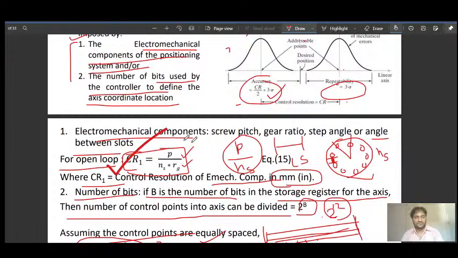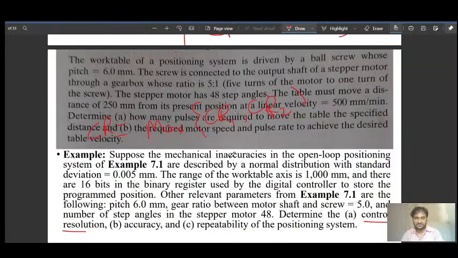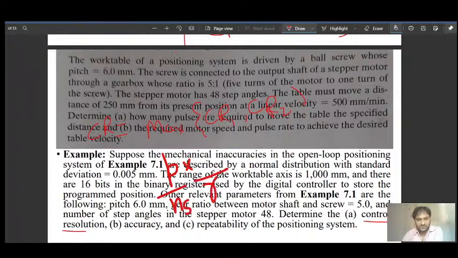CR1 is equal to P by NS into RG. So what we get: pitch value is 6 divided by number of step angles 48, and then gear ratio 5.